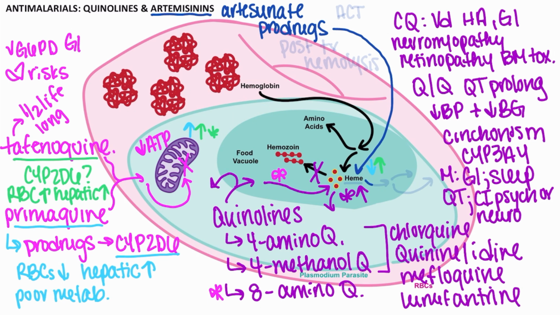This is going to generate free radicals and oxidative damage to the membranes and to other essential cellular structures, again destroying the parasite. As we saw before, this is based on this heme and hemoglobin reliance, and you can infer that this is going to be most helpful in erythrocytic stages.